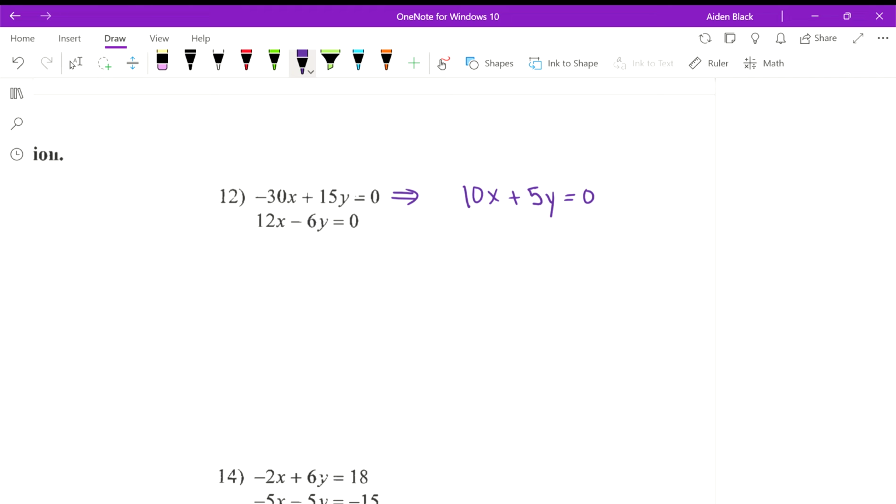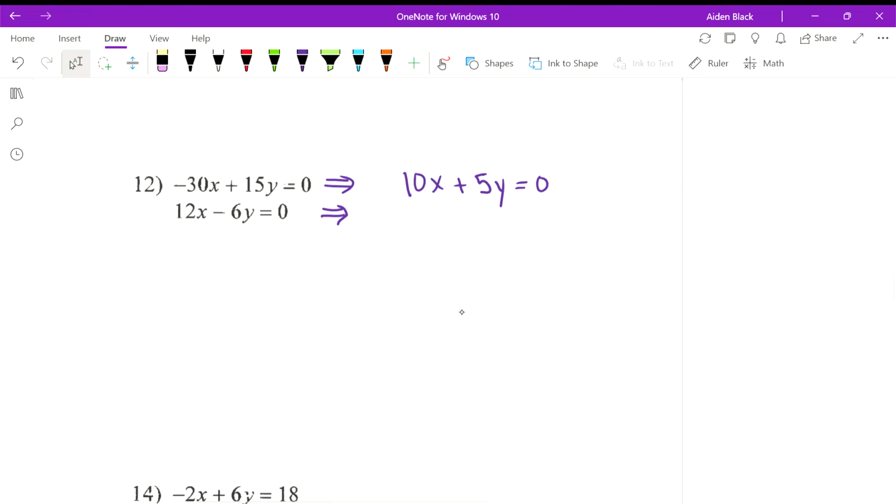And then, for this equation, yeah, these are definitely the tougher ones. Which one can I get rid of? I'll just keep this, 12x minus 6y equals 0.